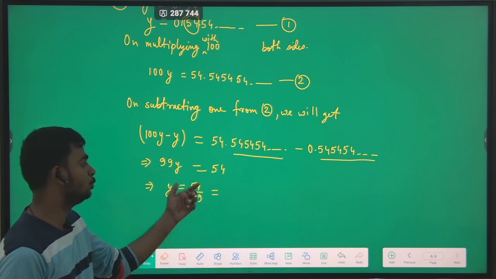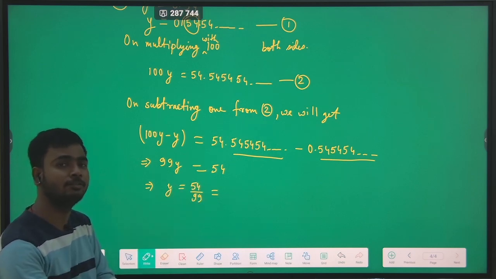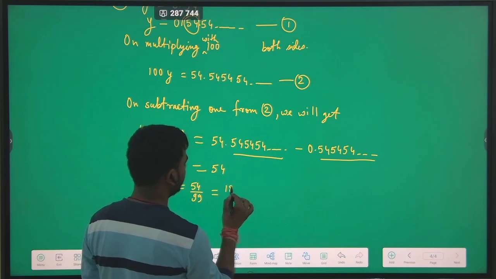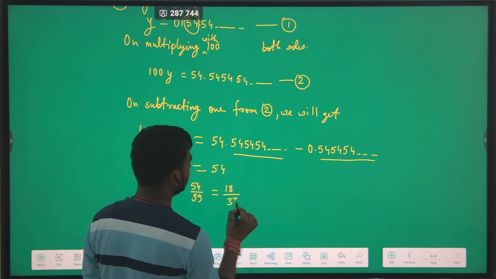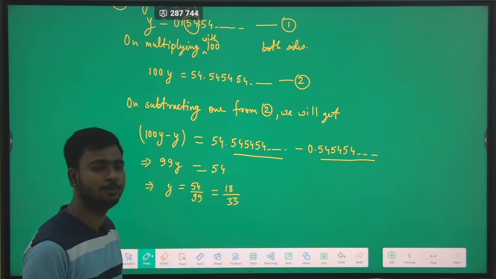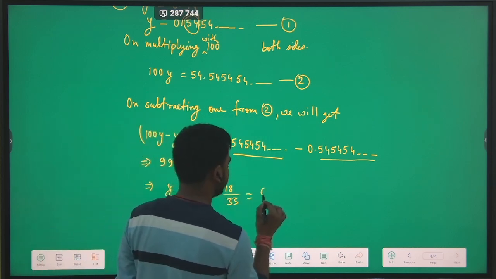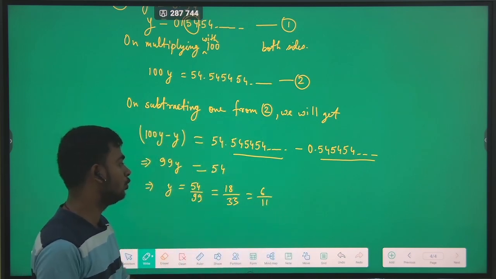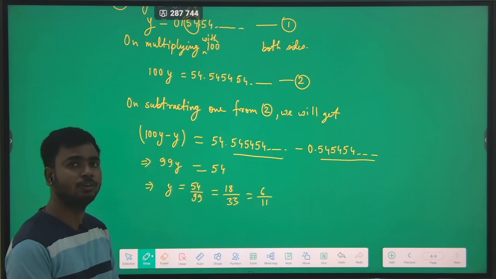So we can divide both the numerator and denominator by 3. We get 3 ones are 3, 3 eights are 24 in the numerator, and 3 threes are 9, 3 threes are 9. Now both can again be divided by 3. So we get 3 sixes are 18 and the denominator will be 11. So the overall value will be 6 upon 11.